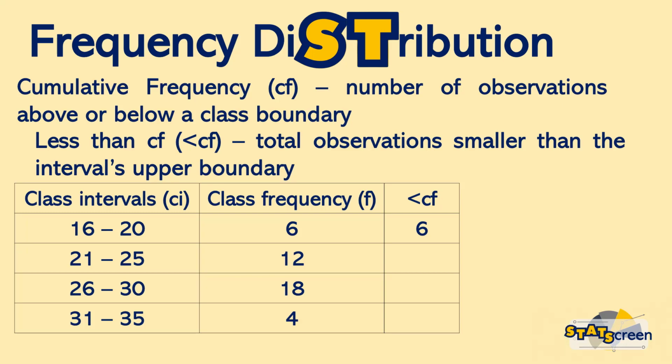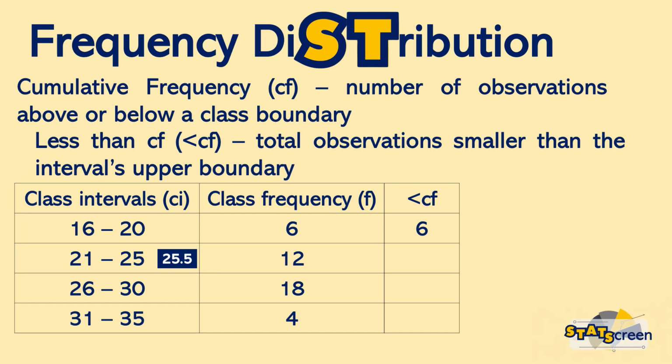For the next class interval, its upper class boundary is 25.5. Now we are to ask, how many observations are lesser or smaller than 25.5? Now you might say it's 12, because using the same concept earlier, the class frequency of the first class interval is 6, then your less than cumulative frequency is 6. Now you might say 12. You're halfway correct.